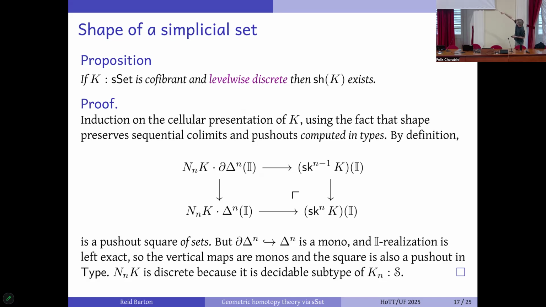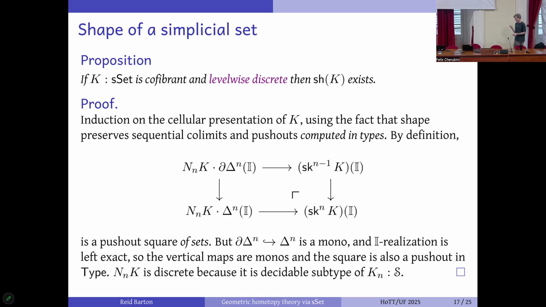That's built by attaching a bunch of cells, one for each non-degenerate simplex of K. So that's a pushout in sets because the original pushout was a pushout in simplicial sets. The realization functor by construction preserves colimits with values in sets. So this is a pushout of sets. Now, what we'd like to say is, therefore, the shape takes it to a pushout of types.